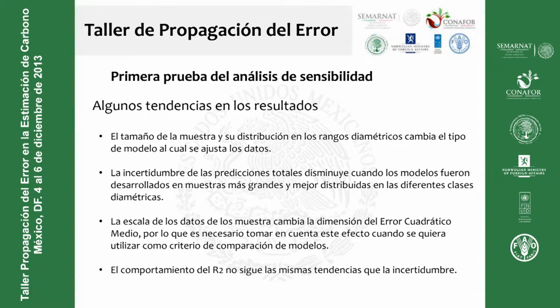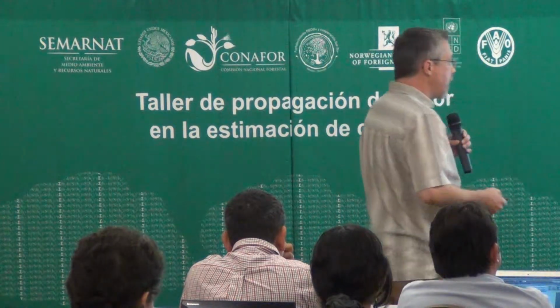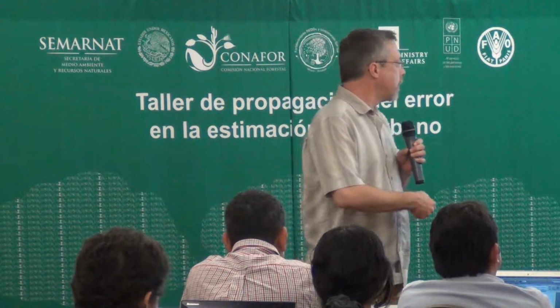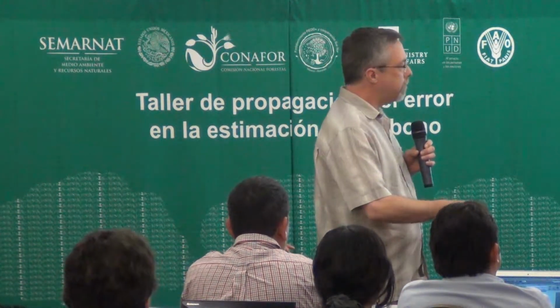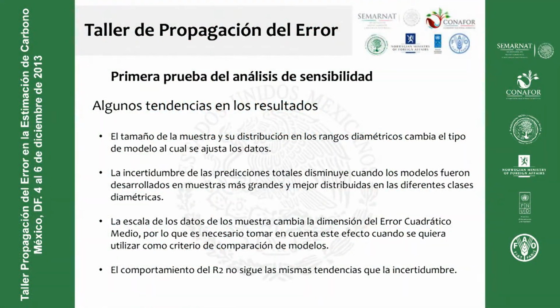We'll at least be able to look at what that is doing to our uncertainty numbers. Uncertainties in the predictions diminish when the models were chosen with n size bigger and better distributed. That makes good sense. It's good to know that we're doing this, right?